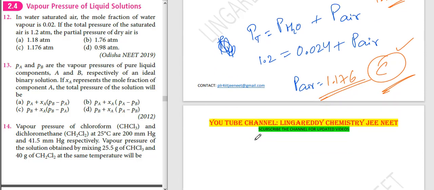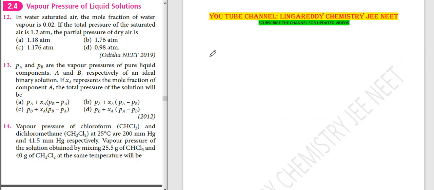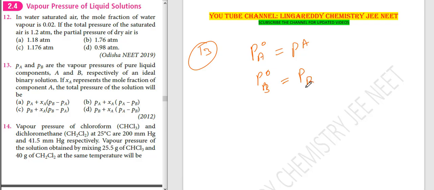Next, question number 13. PA and PB are the vapor pressures of pure liquid components. See, actually pure liquid components generally we use it to represent P naught A, but here in the question given that PA, so P naught A equal to PA, P naught B equal to PB. These are the pure liquid vapor pressures, right?